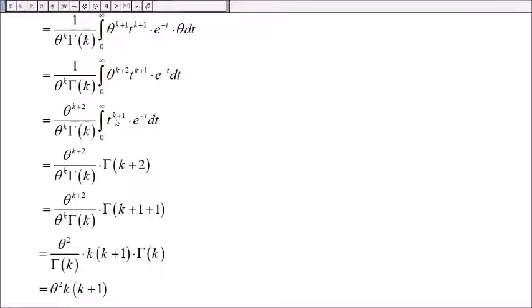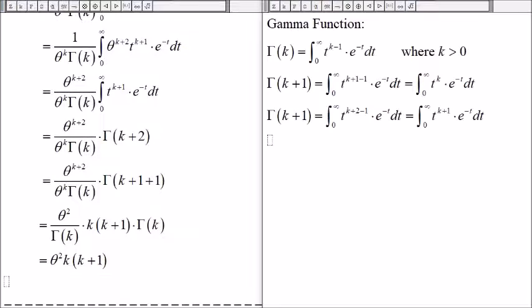And so this integral right here is the gamma function. Gamma of k plus 1, we just put k plus 1 in the place of k. And so we end up with t to the k, e to the minus t.